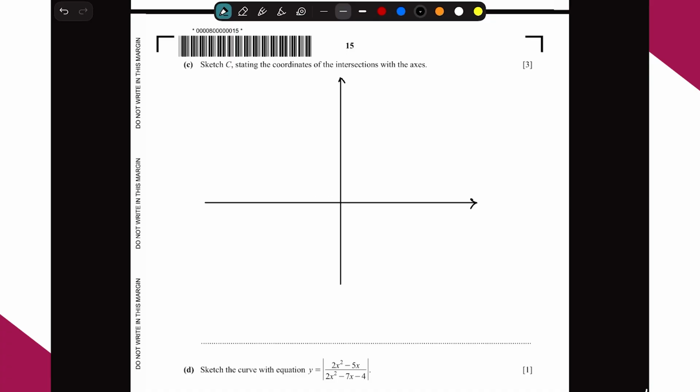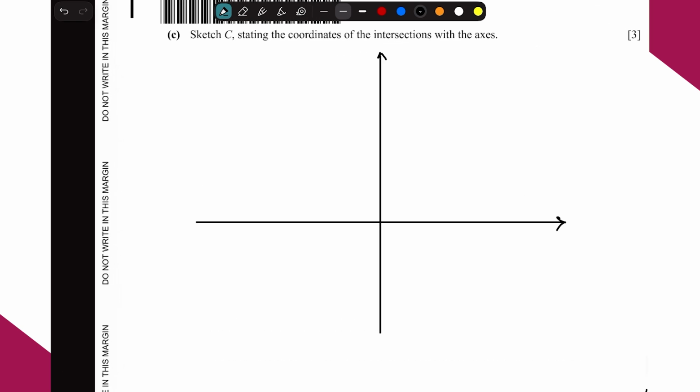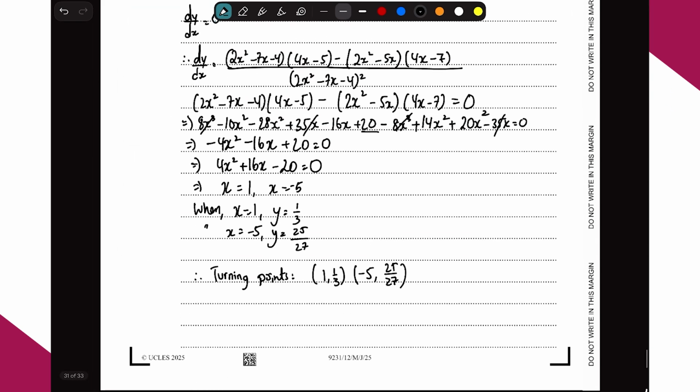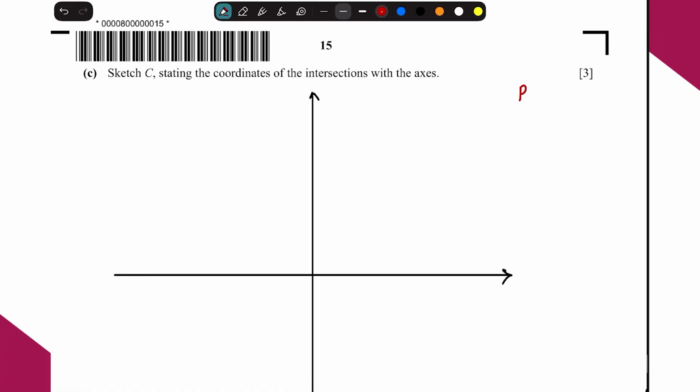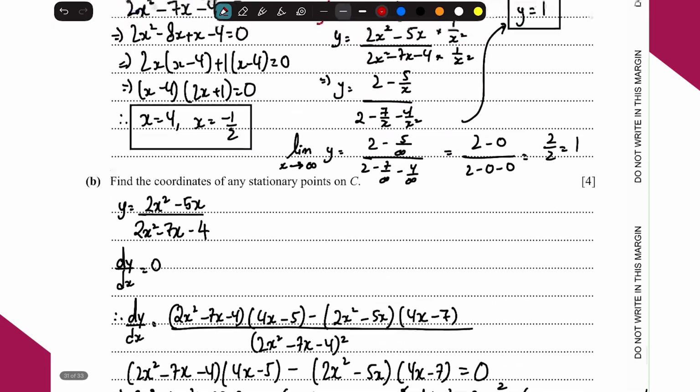Okay, and this is coordinates of intersection with the line. So let's first find the points of intersection. So basically we want to say that when x equals 0, y equals what?